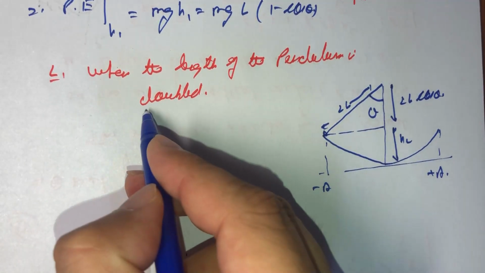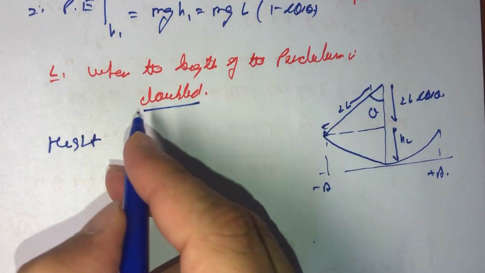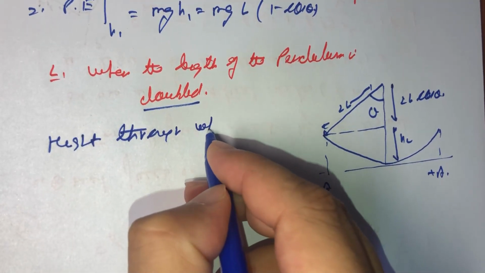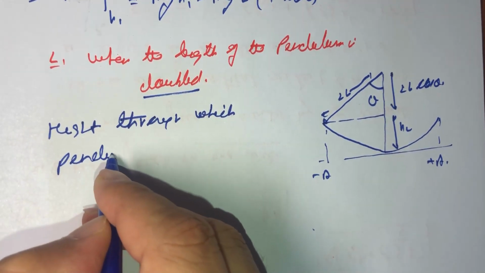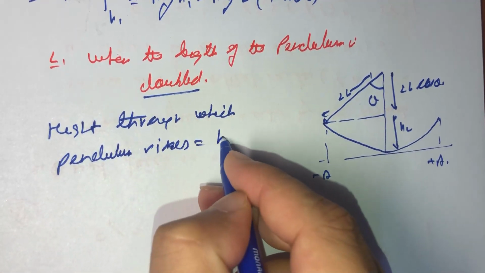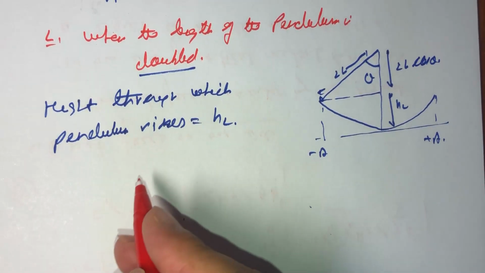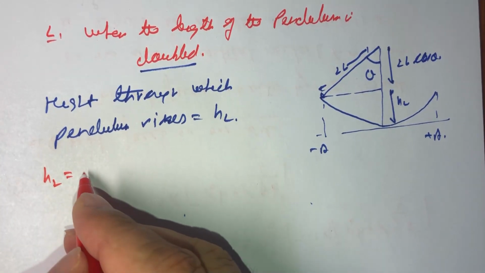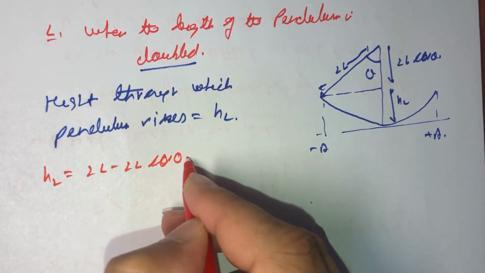So in this case the height through which the pendulum rises is given as h2, and we can find out h2 will be equal to 2L minus 2L cos theta.